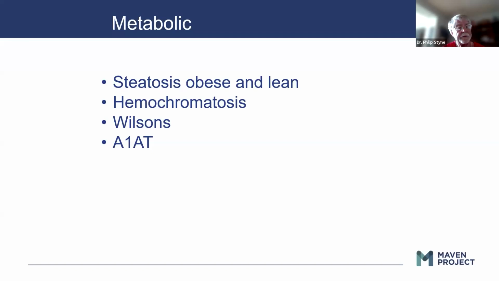Hemochromatosis is common, and it needs to be looked for. Good screening is doing a ferritin and iron saturation. Wilson's disease, copper accumulation, is fortunately not common, but it needs to be thought about, especially in the young. Alpha-1 antitrypsin disease I bring up because we now have some treatments for it.